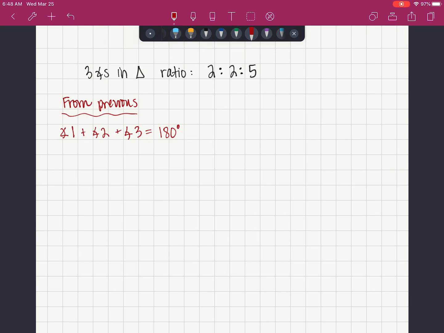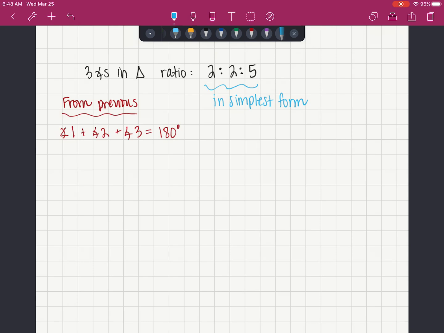We don't know what their measures are, but we do know that this ratio is in simplest form. Which means that their measures aren't 2 degrees, 2 degrees, 5 degrees, because that doesn't add up to 180 degrees. But we know that they're a factor of 2 to 2 to 5.